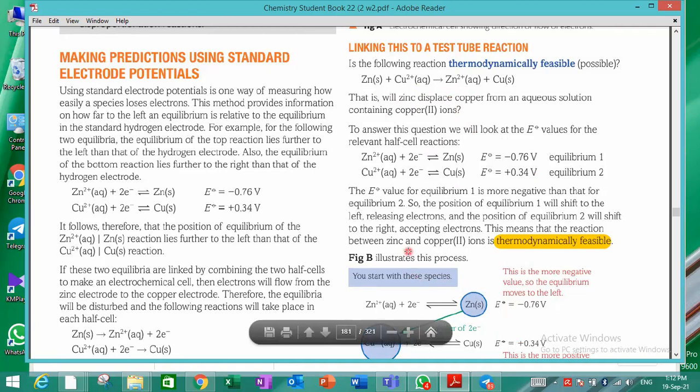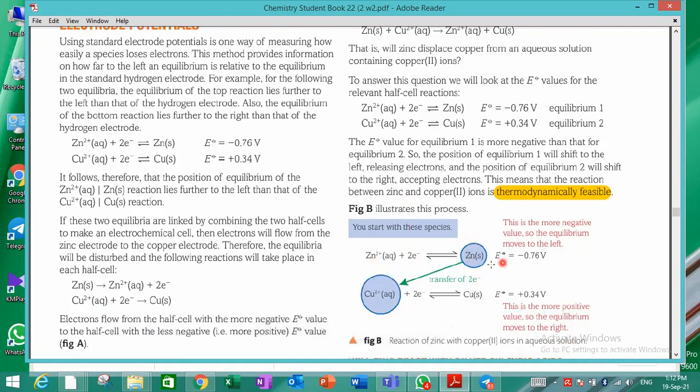Because when we placed these two equations so that the one with the less positive value or the more negative value is up and the one with the more positive value is below, then always the species present on the top right would react with the species present on the bottom left. So yes, zinc would react with copper ions to form zinc ions and copper metal. We say that this reaction is thermodynamically feasible or thermodynamically favorable.